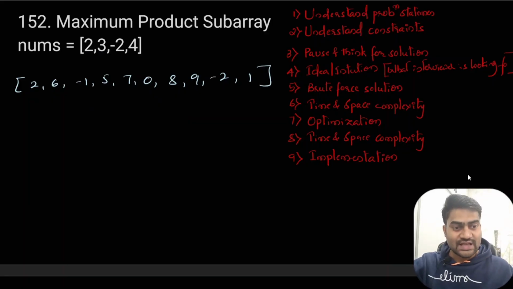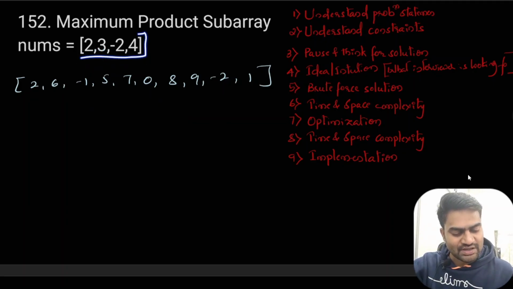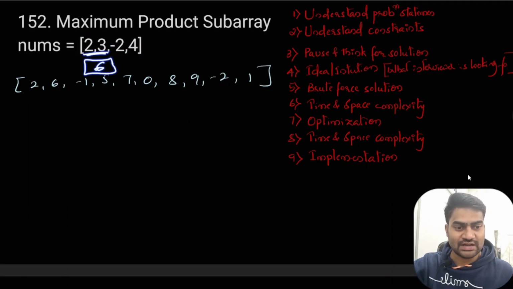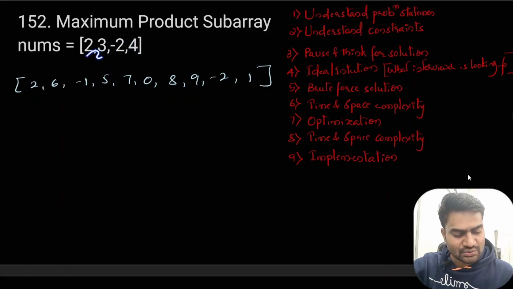With that, we have to find a subarray which gives us the maximum product. Here in this example, 2 into 3 gives 6, which is the maximum product. If we consider 2 into 3 into -2, it will be -12, which is a lower, negative number, so we won't consider that.